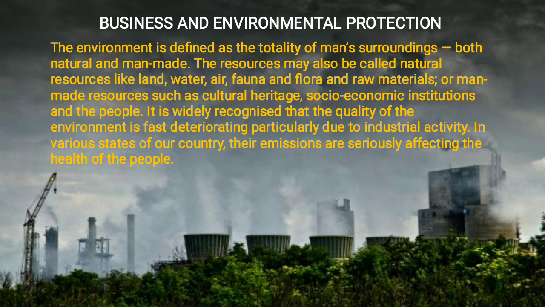As we have seen, the social responsibilities of the business organizations towards different groups. Then after that, business and environmental protection. The environment is defined as the totality of man's surroundings, both natural and man-made. If we are talking about environmental protection, first we have to find out the meaning of environment.